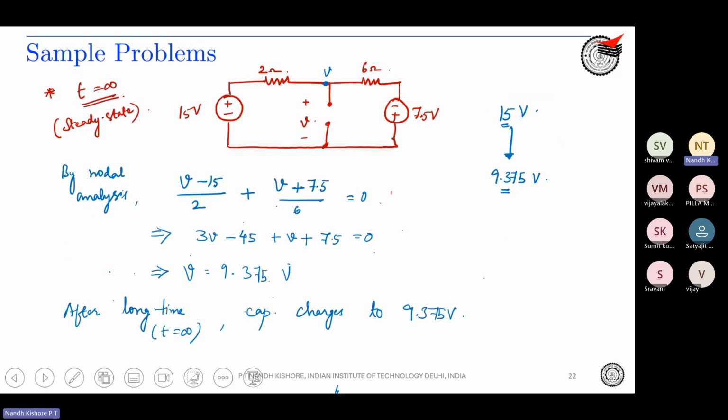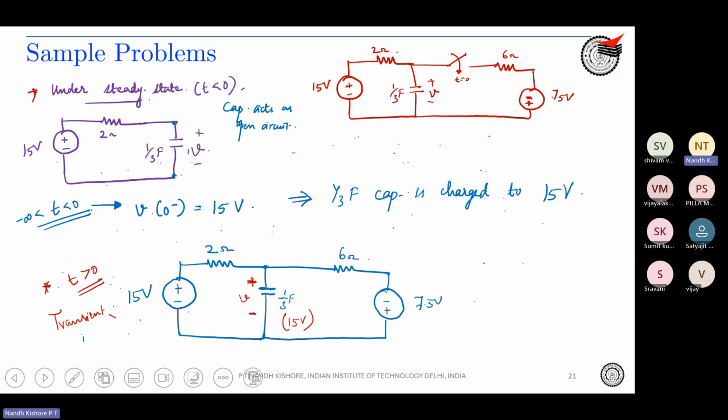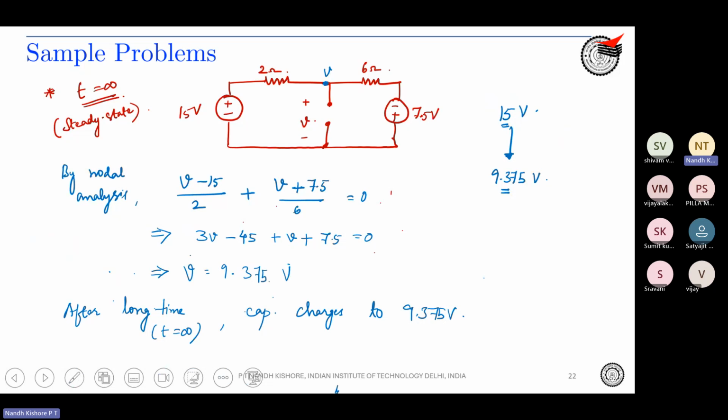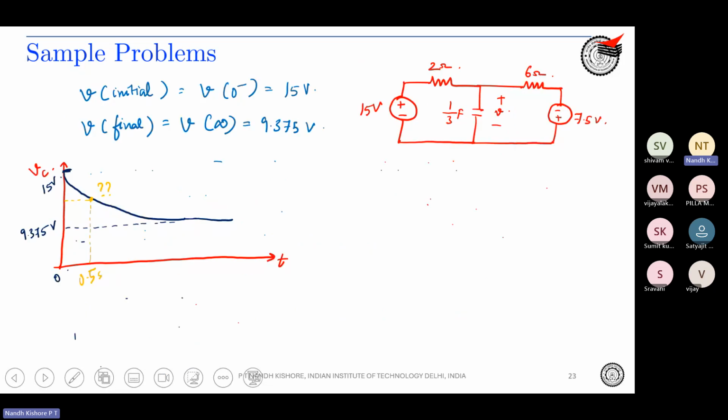So we have basically analyzed it under steady state when the switch was not on and when the switch was on. Under steady state, before the switch turns on, what is the voltage across the capacitor? And after the switch turned on, under steady state, what is the voltage across the capacitor? That is V for t less than 0 and V for t equal to infinity.